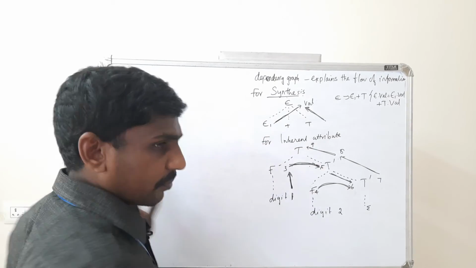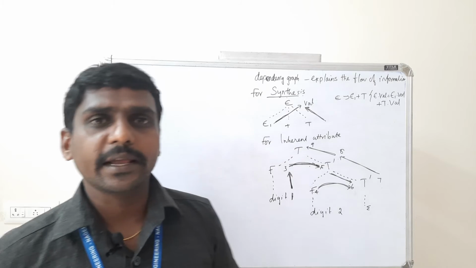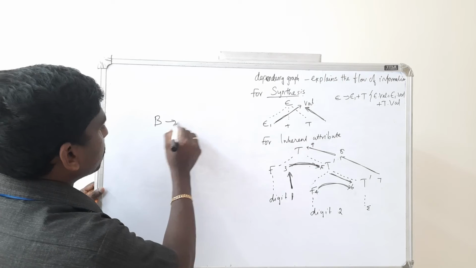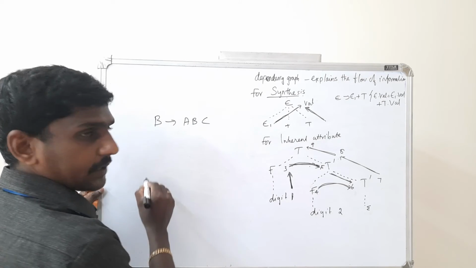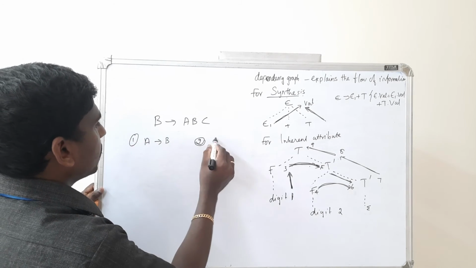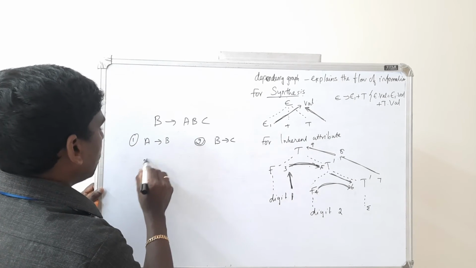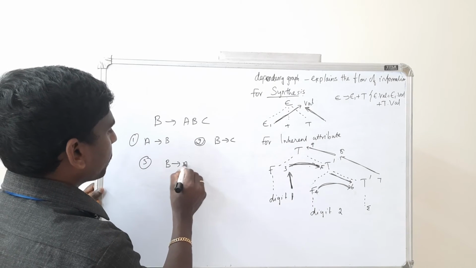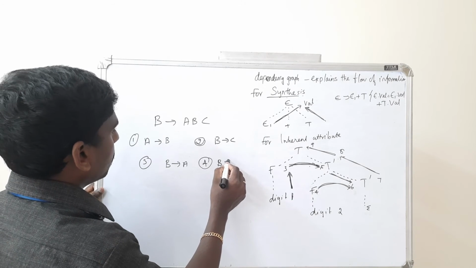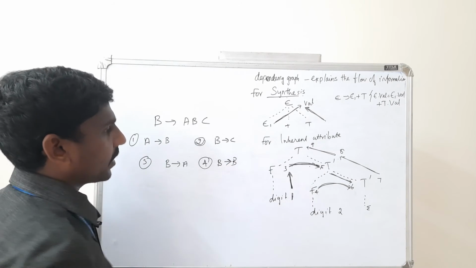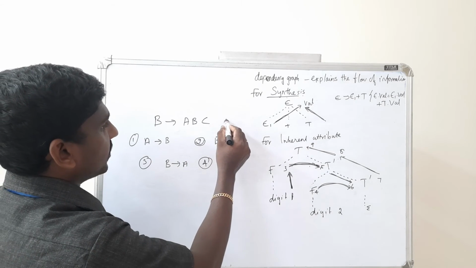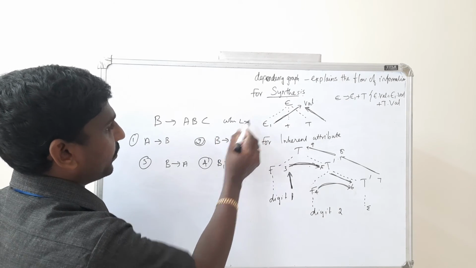Clear? Mostly, if you are going for higher studies, the GATE exam, they will ask this. For example, they will give A tends to B C D, and then options: A tends to B is the first, second is B tends to C, third is B tends to A, and fourth is B1 tends to B. They will ask which one is an L attribute.